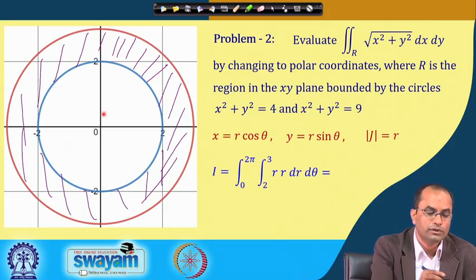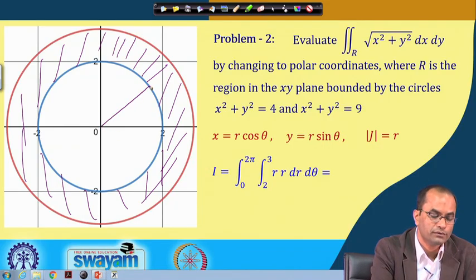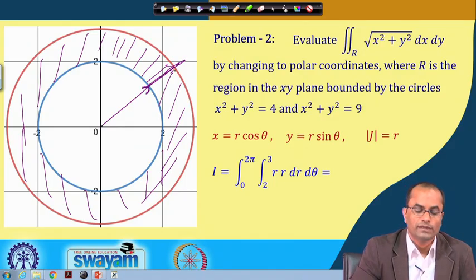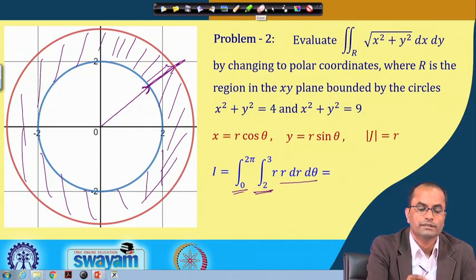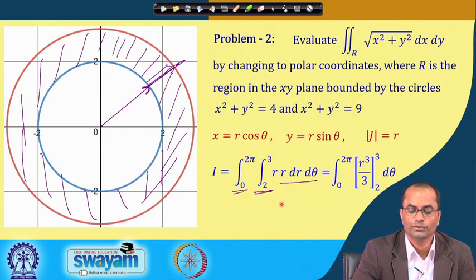So, r is always entering the domain when r is equal to 2 and leaving the domain when r is equal to 3. So, we have the limits for r, we have the limits for theta, and now we can easily compute this.